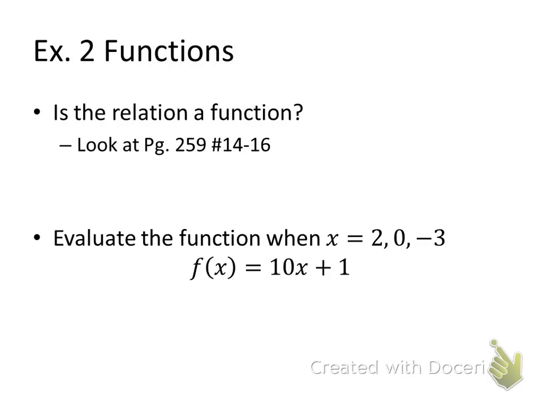So on example 2 here, evaluate the function when x is equal to 2, 0, and negative 3. First of all, this is something you guys have never seen before, but it will be a lot in Algebra 2 and trigonometry. This type of equation right here is what we call function notation.